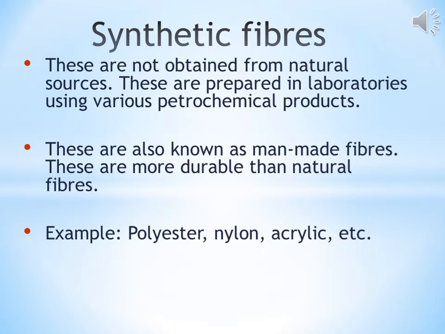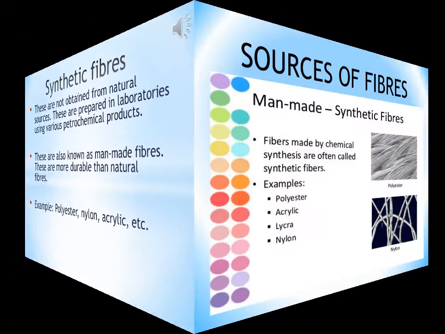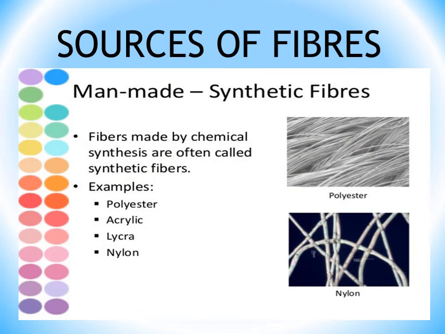Polyester, nylon, acrylic are some of the examples of synthetic fibers. Here come a few sources of fibers, especially the man-made fibers. The fibers which are made by chemical synthesis are called synthetic fibers.